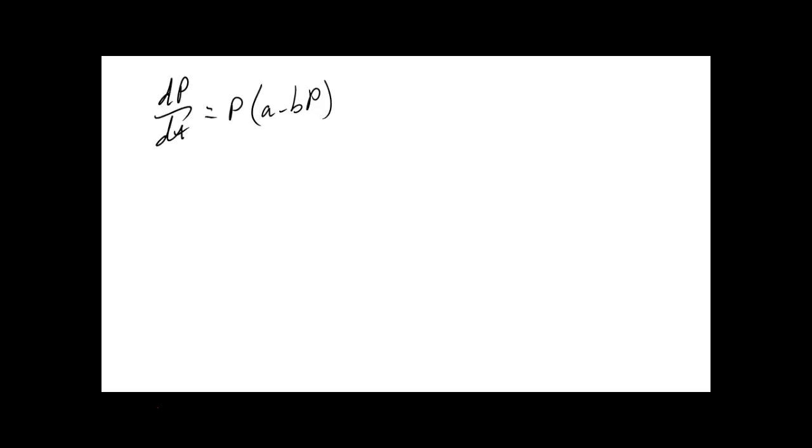In this one, A and B are any positive constants, and it has what they call normal form, dP/dt equal to some function of P. The reason they bring that up is page 39, when we first introduced autonomous differential equations, we said that's the form they would be in.